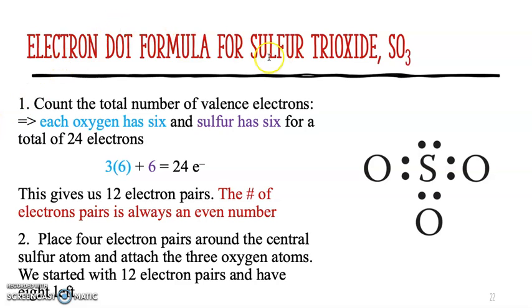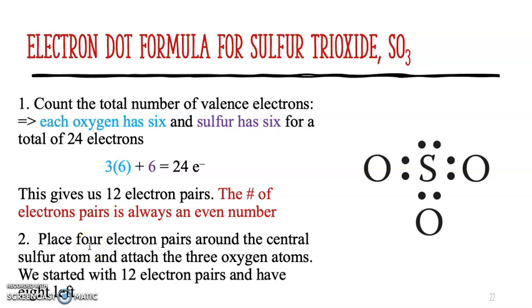Let's take another example. Write an electron dot formula for sulfur dioxide. Sulfur will be my central atom because it is the element with the least number of atoms. The first step is to count the number of valence electrons. Each oxygen has 6, and sulfur also has 6 valence electrons, for a total of 24. If you divide the 24 electrons by 2, that gives you 12 electron pairs.